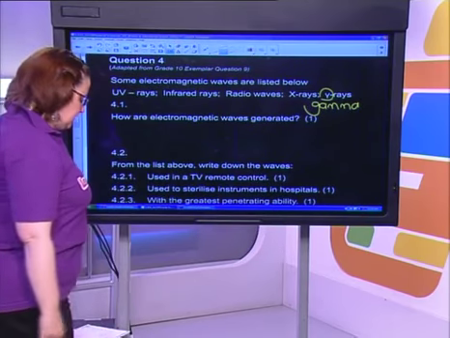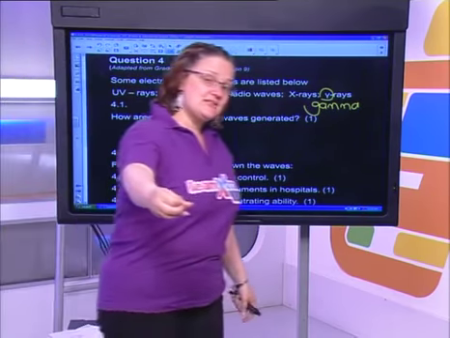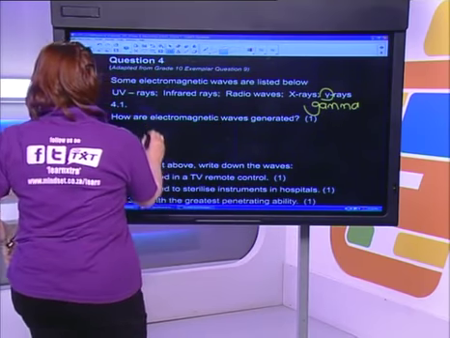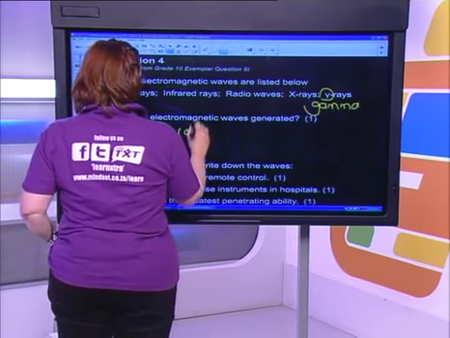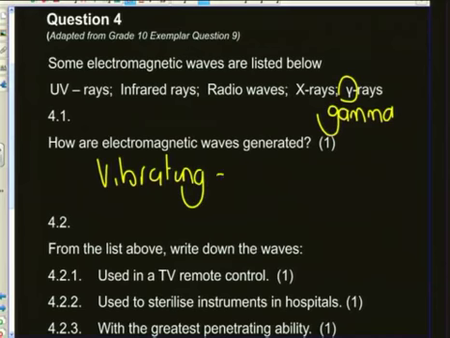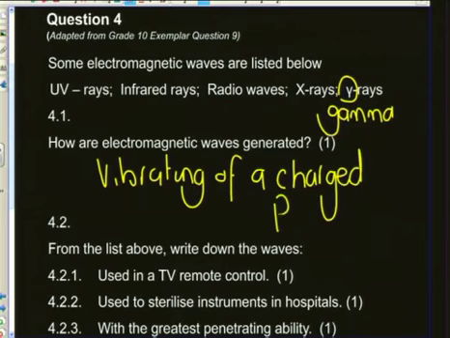How are they generated? Through the vibrating of a charged particle. In the sun, it's because of a nuclear reaction which causes the particles to be charged.